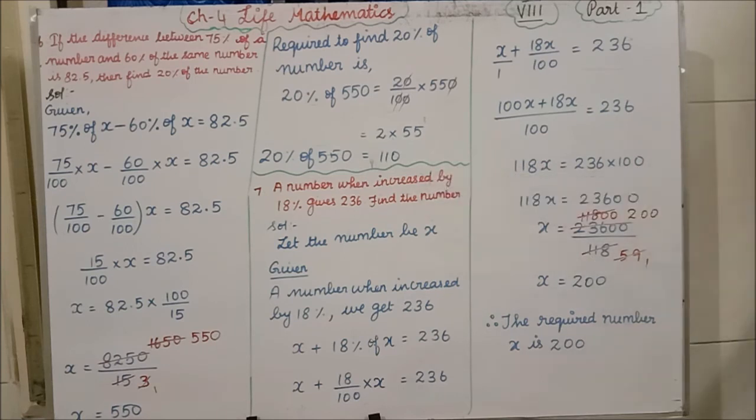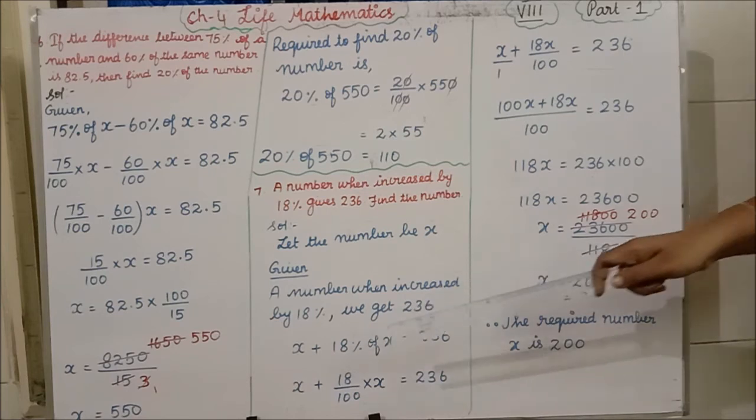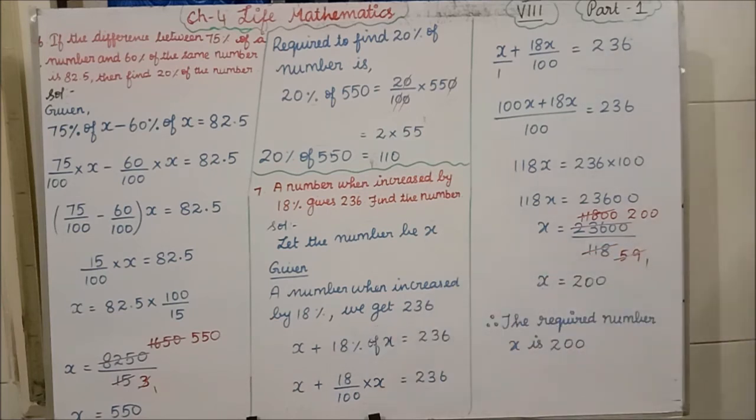Instead of increased, in the 8th question they have given decreased. The 8th problem, the same type, we are going to do as homework, but the slight difference is that instead of plus here, we have to put minus. Increased means you have to put plus, decreased means you have to put minus.